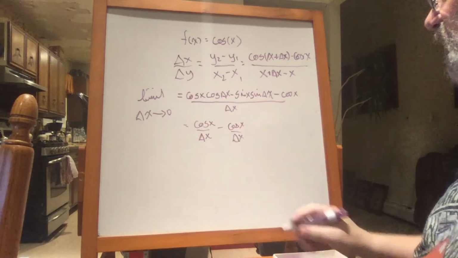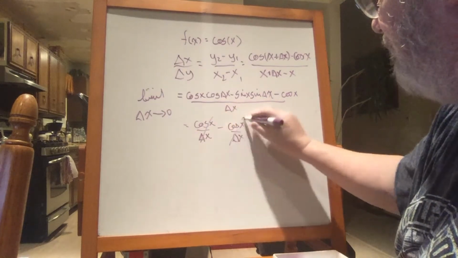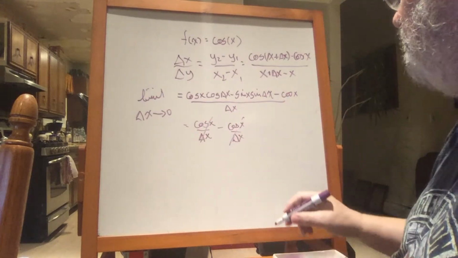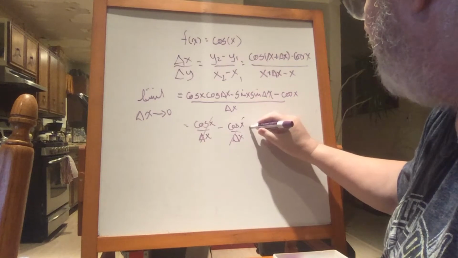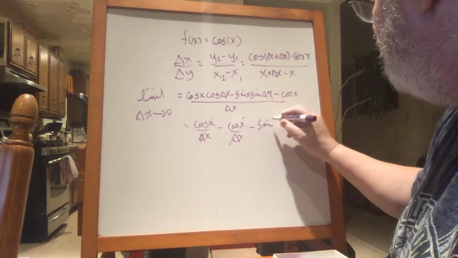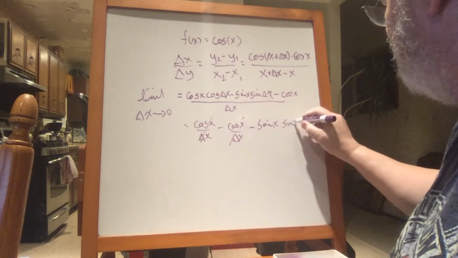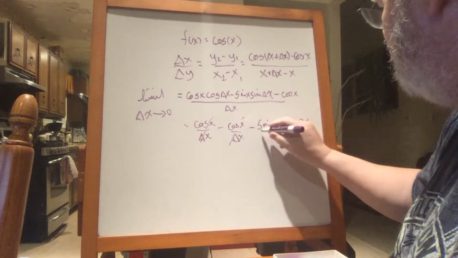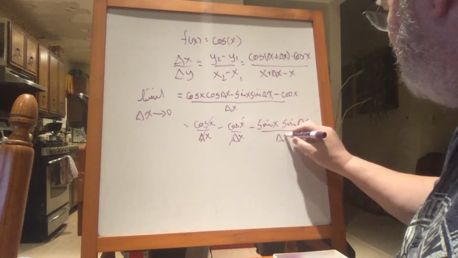Those cancel out because they're opposites of one another. And we have minus sine of x, sine of delta x on delta x.